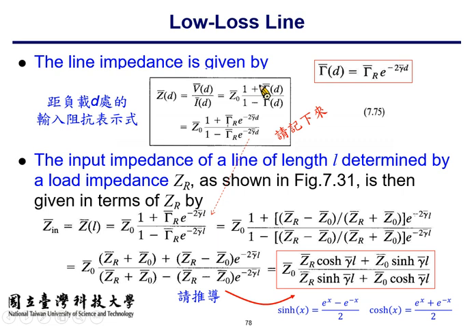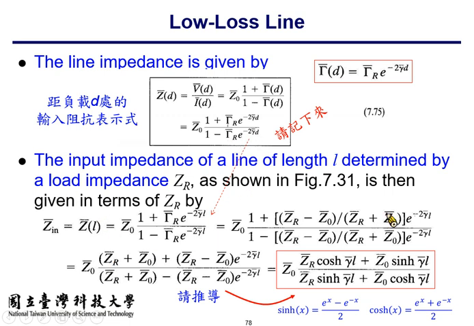Because using the total voltage over total current, which can be expressed in terms of V plus and V minus and gamma R. So by substituting the V over I ratio with 1 plus gamma D over 1 minus gamma D, we can have the expression for the input impedance at a specific position.